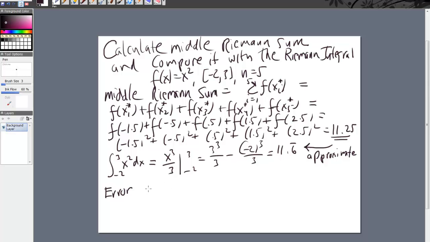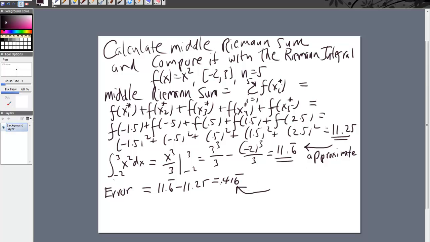Well, what we simply do here is we subtract the middle Riemann sum from the actual integral. So we're going to take this value right here, which is 11.6 repeating, subtract 11.25, and we get a value which is equal to 4.416 repeating. So this, if you like, is the error in the approximation.